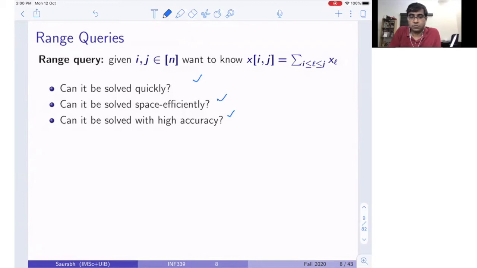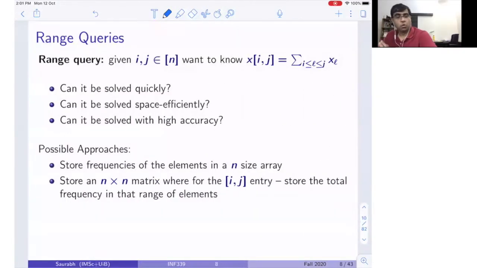You use the sketch and just make queries on the sketch. Yes, that's definitely one good way of doing it. So let's see what the possibilities are. One thing is that we can store frequencies of elements in an n-size array. But the problem with this approach is that it is not space efficient.